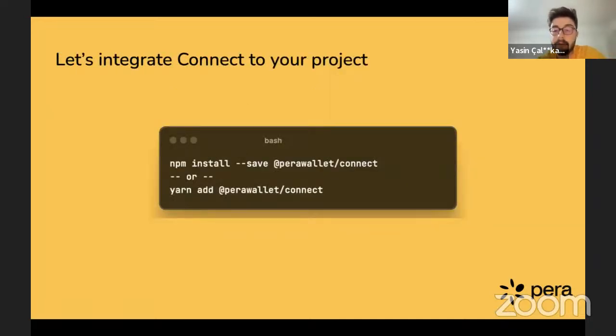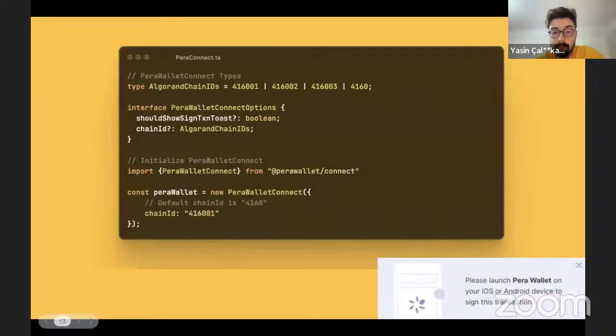And let's dive into integrating Pera Connect into your dApp. Let's start by installing the Connect package via npm or yarn. We will need to create a PeraWalletConnect instance. In the constructor, we can set some optional Connect options.